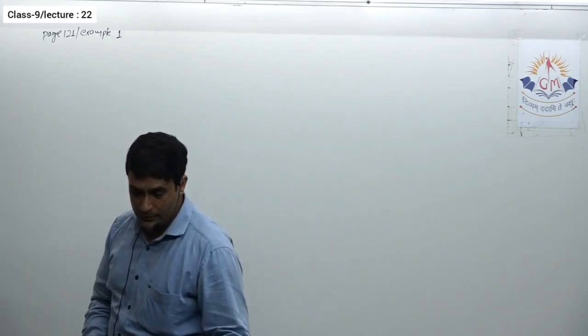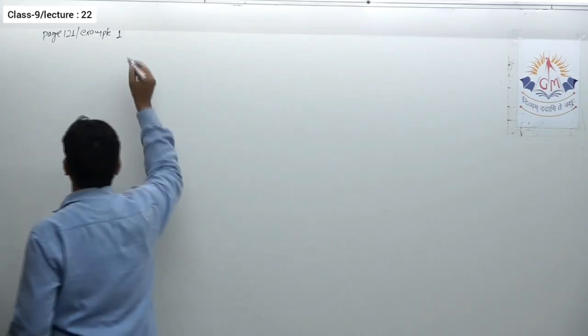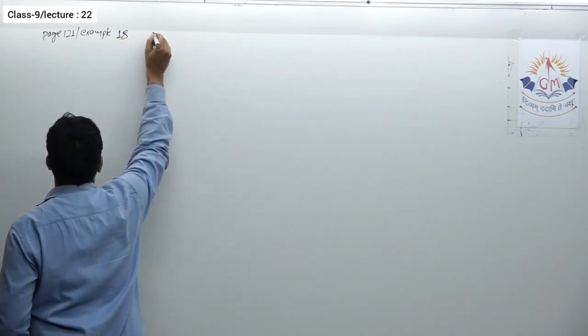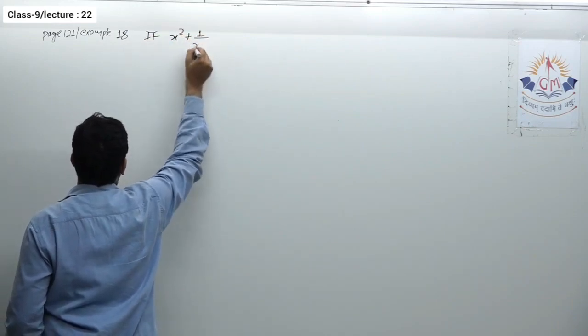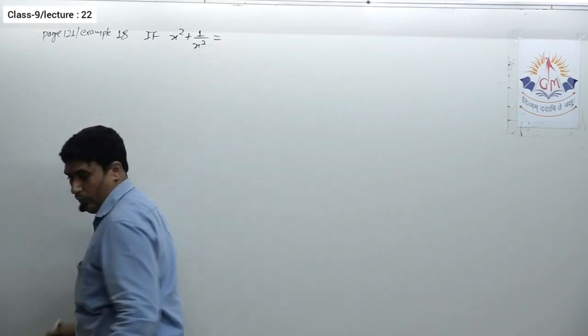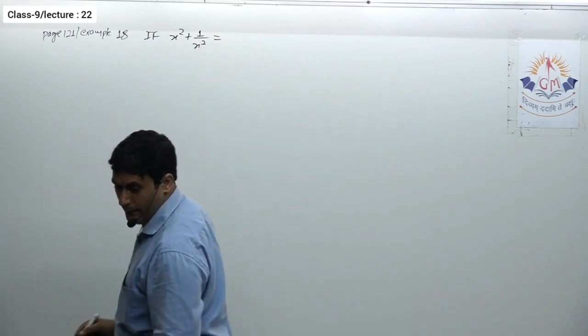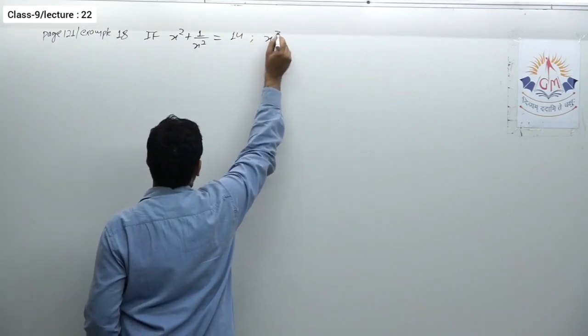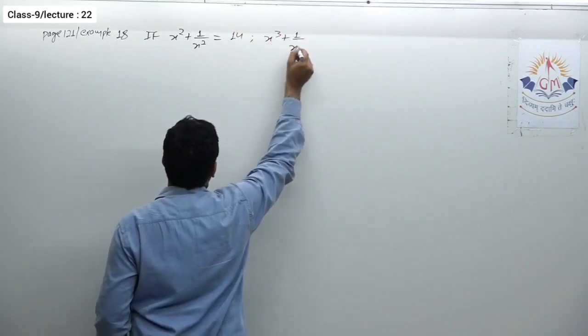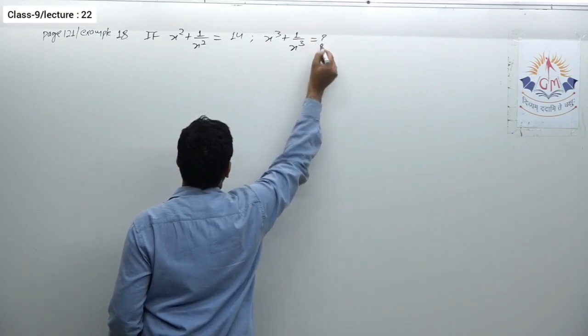Okay, again from page number 121, example number 18. If x square plus 1 upon x square is equal to 14, then find the value of x cube plus 1 upon x cube.